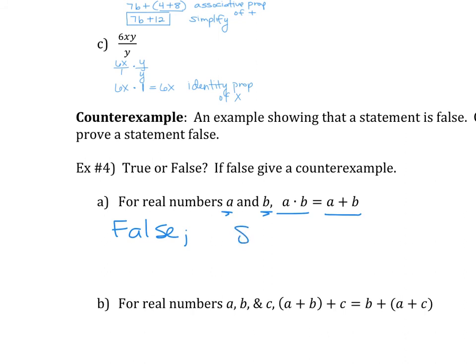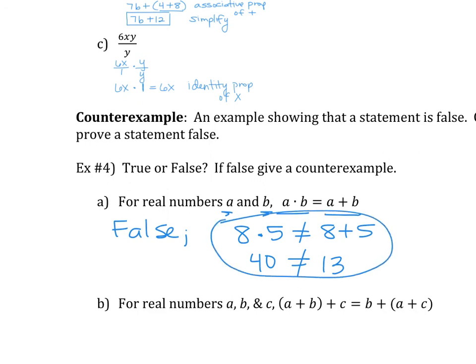Okay, so if A is 8, what's B going to be? 5. Is 8 times 5 the same as 8 plus 5? No, because 40 does not equal 13, right? So this is a counterexample, a situation where it does not work, to show that it actually is false. Okay?